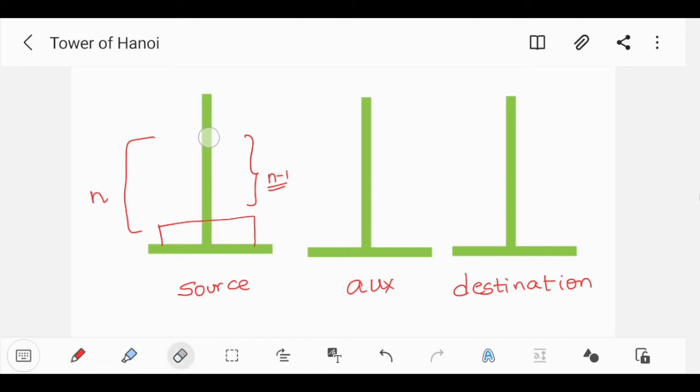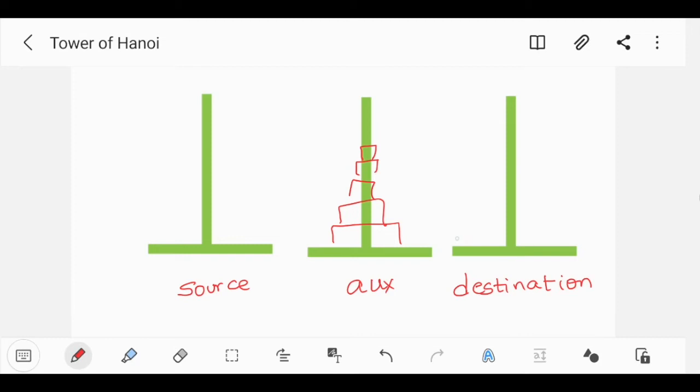So let's take all this n minus 1, which is those 5 of them, and I put them in auxiliary. I now have just one disk on the source. I understand moving one disk is the base case, the simplest case, where I move this bigger one and place it here in the destination. And there are still n minus 1 remaining on the auxiliary peg.